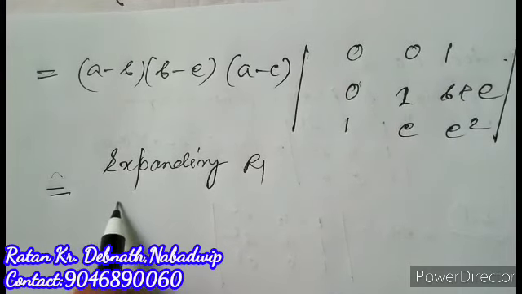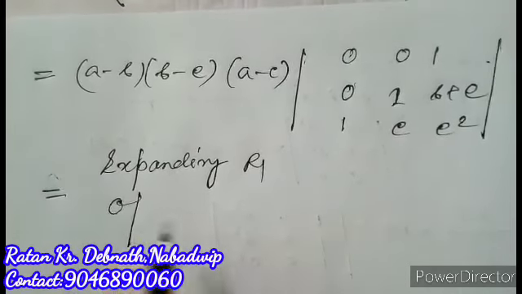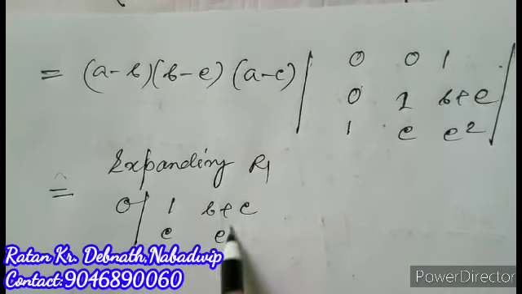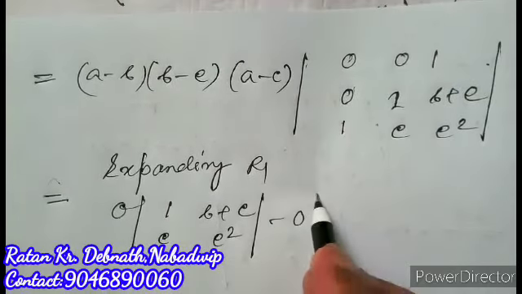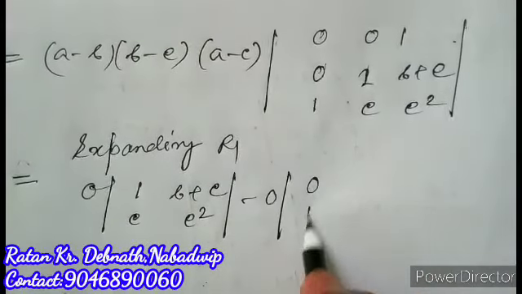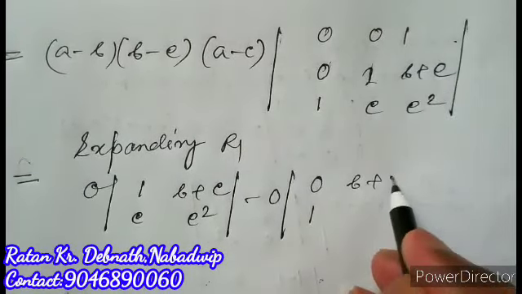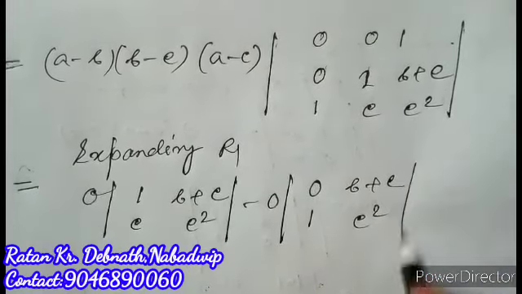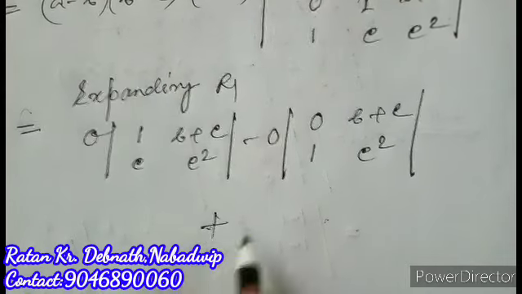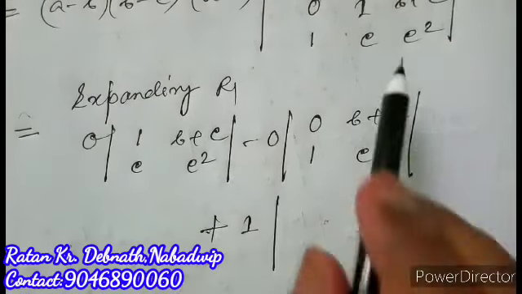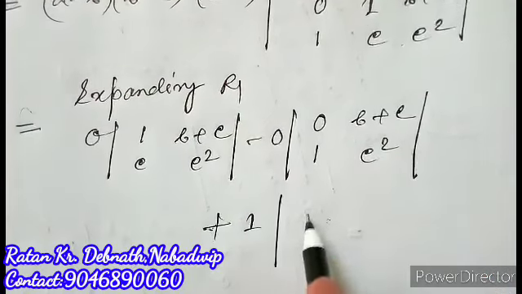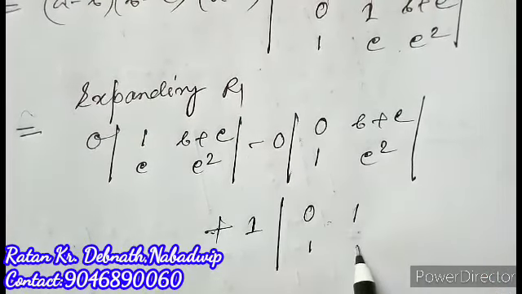So 0 into the minor, minus 0 into the minor, plus 1 into this row suppressed, this row suppressed, 0, 1; 1, c.